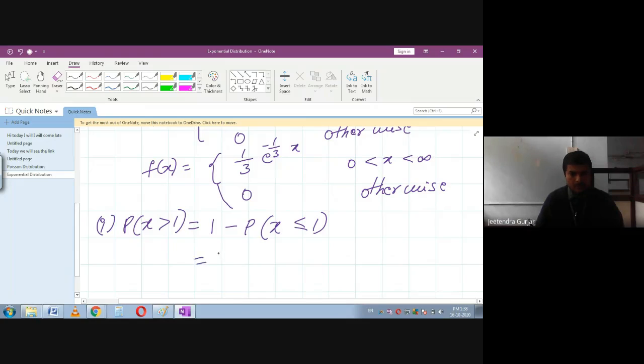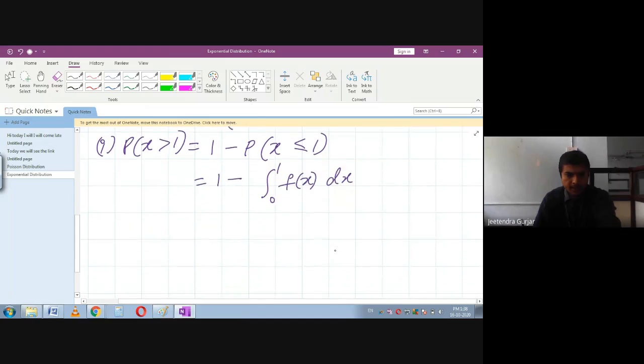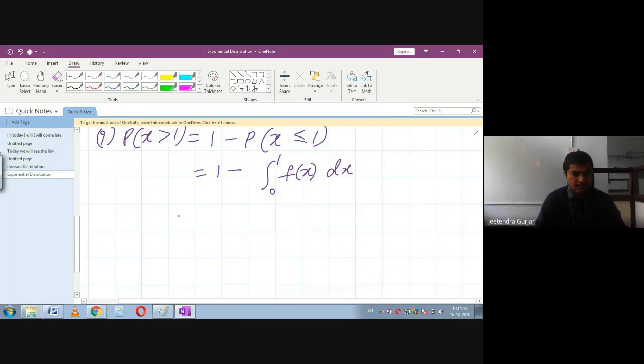So this is equal to 1 minus the integral from 0 to 1 of f of x dx, students. Now this we can write as 1 minus the integration from 0 to 1.